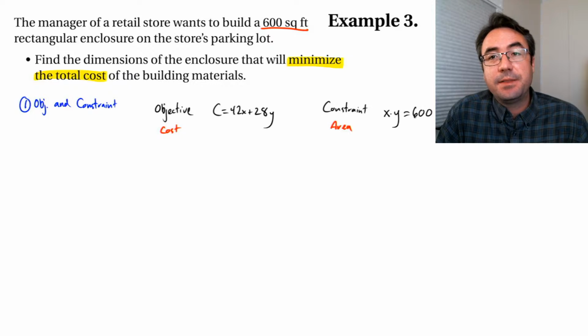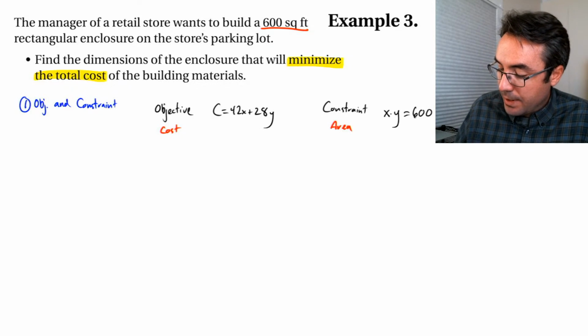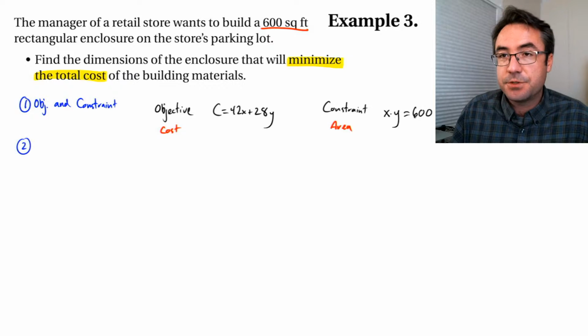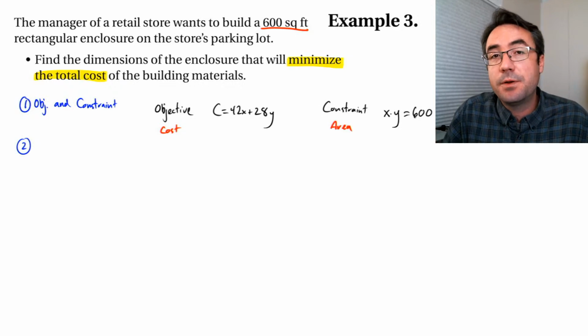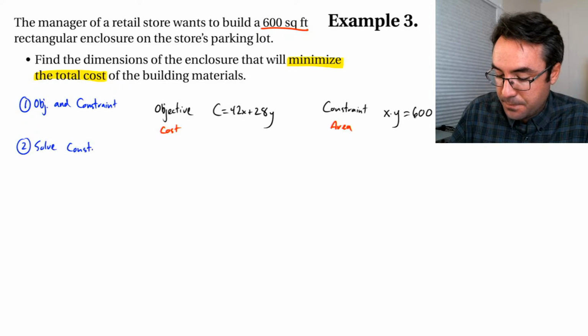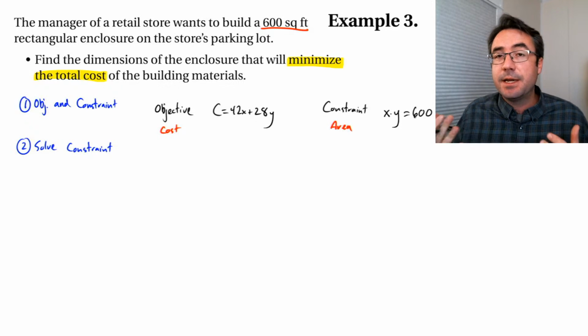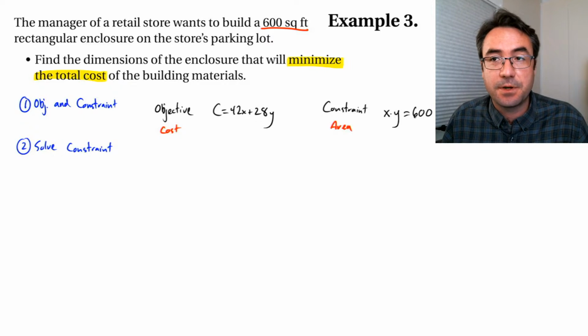So we've identified the objective equation and the constraint equation. Now we want to go through and sort of reduce this down to a one variable problem. So we're going to solve the constraint. We can do it for either x or y, so whichever one's easier. Here, it doesn't matter. They're both equally as difficult.